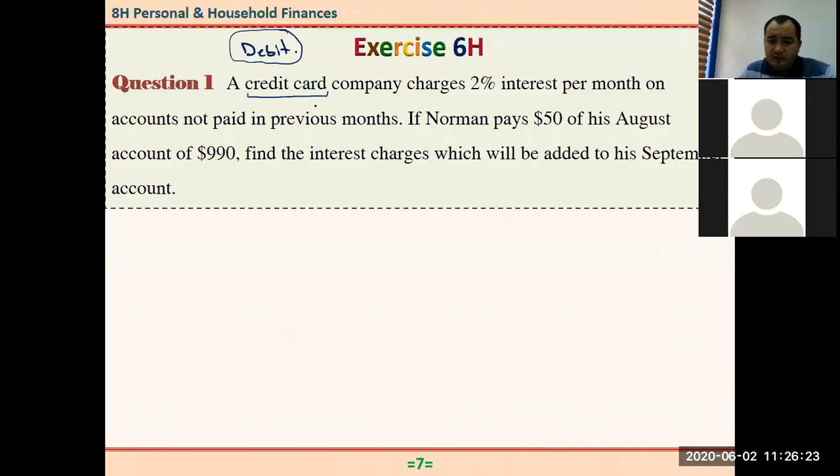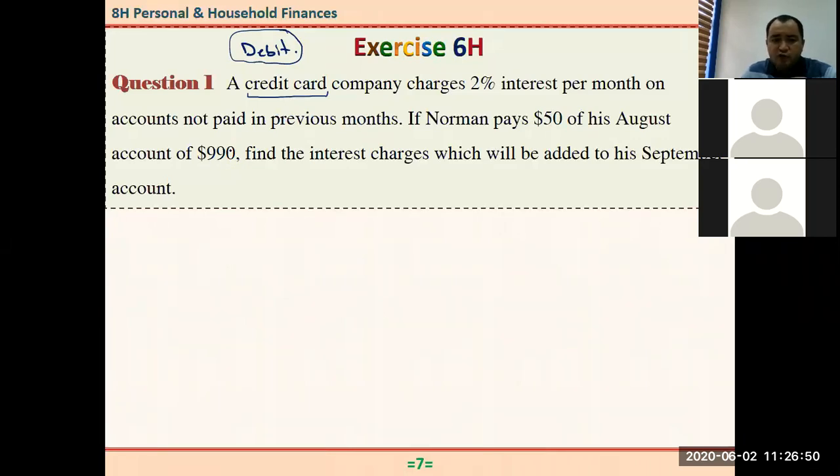So it says that the credit card company charges 2% interest per month on accounts not paid in previous month. Okay, what does it mean? Now we are in June. Let's say in May you spend $990 from this credit card. And the bank says that, okay, look, you use this much money, but you have to put it back by the end of May.